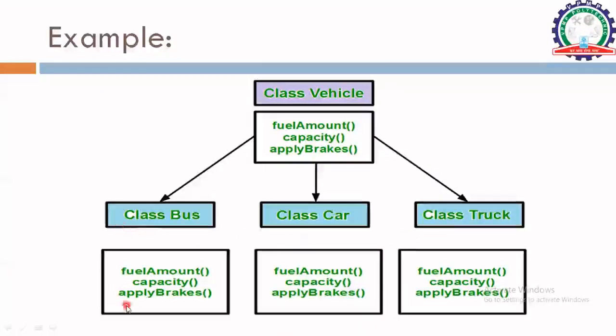Below those class names, we can see the same list of member functions as in class vehicle. So it shows that whatever functions are declared within class vehicle are also available in the subclasses, that is class bus, class car and class truck. So this is how we can understand the concept of inheritance.